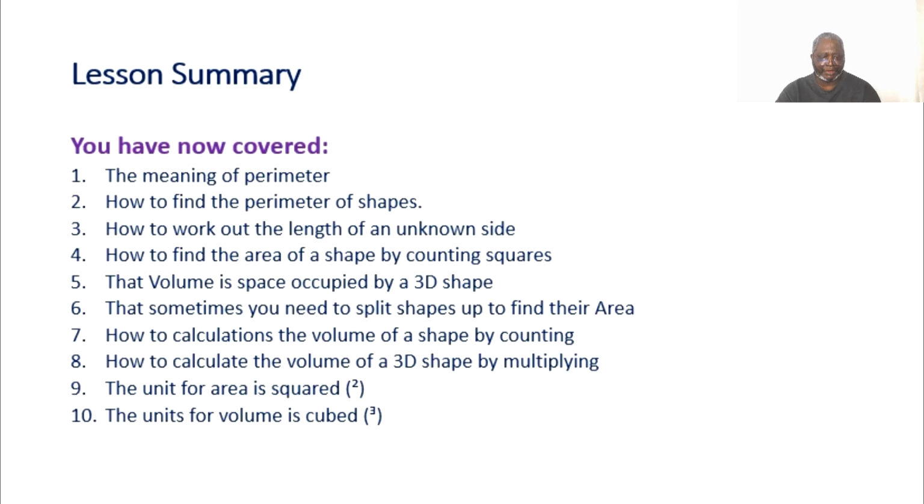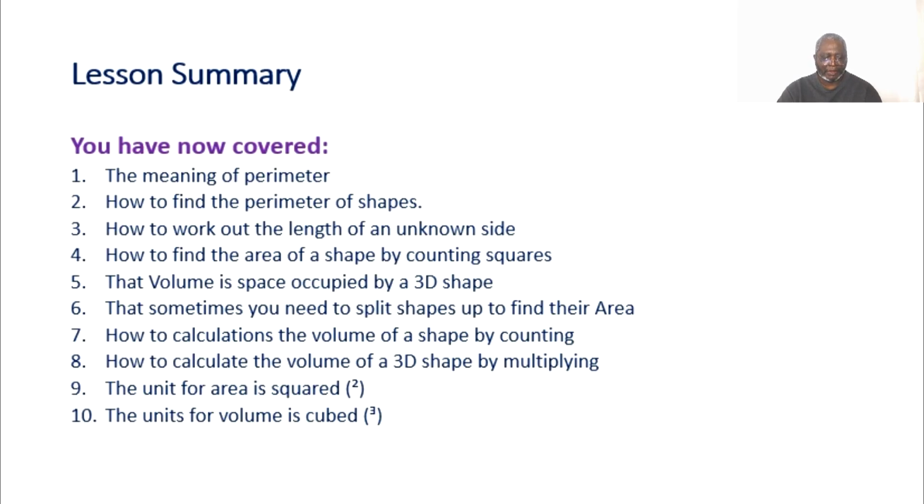So the lesson summary, or my lesson summary, is you have now covered the meaning of perimeter, how to find the perimeter of shapes, how to work out the length of an unknown side, how to find the area of a shape by counting squares.